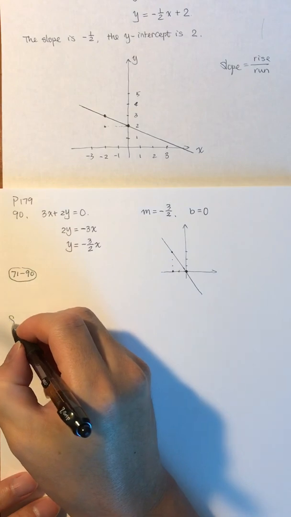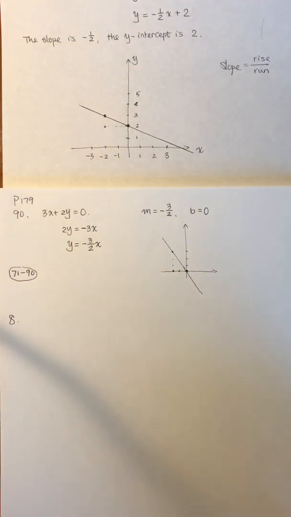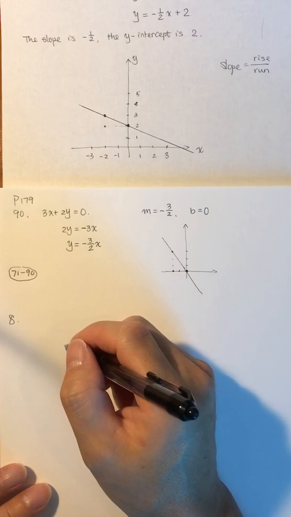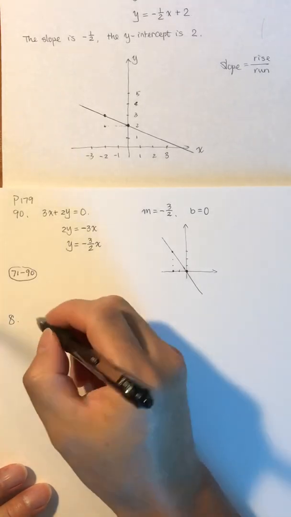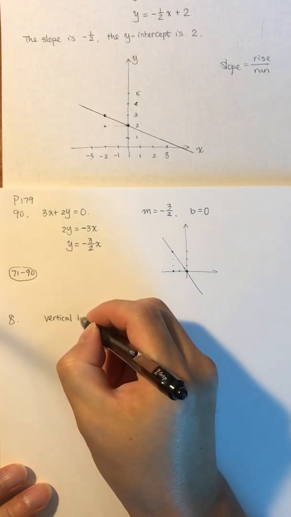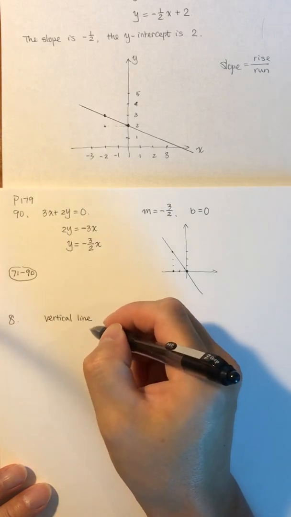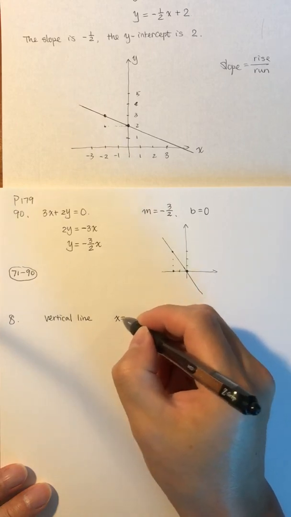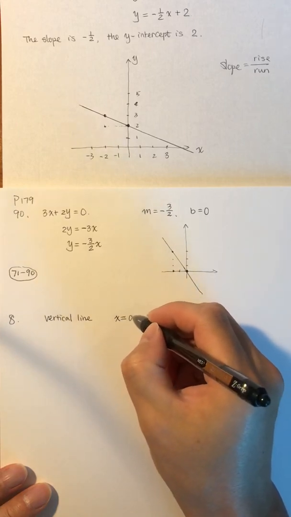Okay, so let's see what we have learned so far. We learned that if we have a vertical line, then it is x equal to a.